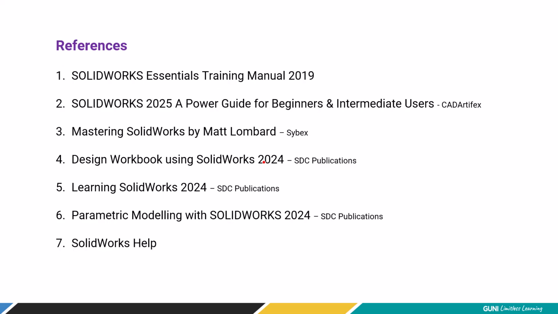Now I have used various resources to create this course. Mostly you can refer to the SolidWorks help, where it is nicely explained for every feature, their different tips, keyboard shortcuts, right? But sometimes SolidWorks help itself is very difficult for many users to understand. So you can use the reference books, which I mentioned in the references.